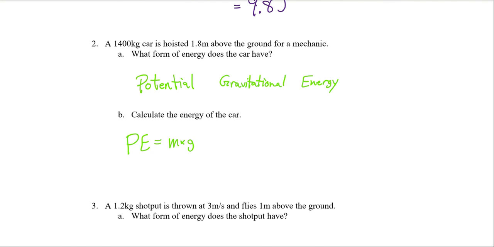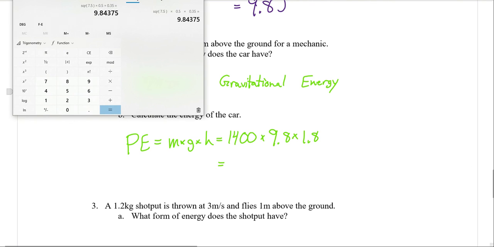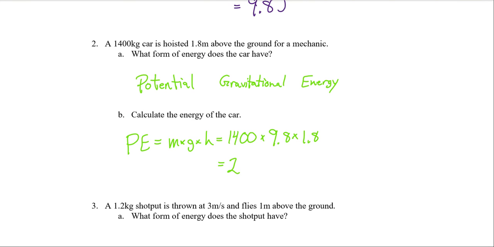M times G times H. The mass is in kilograms, so that's good, 1,400, times G, we just have to remember that G is 9.8, times the height, 1.8. Let's punch it into our calculator. That's pretty big. That rounds to approximately 25,000 joules.